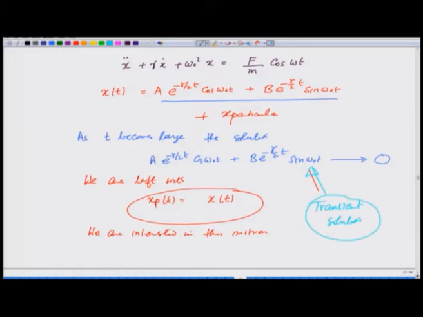Right, these are transient, that means they come for some time and then they die down, all right, and this is what is known as the steady state solution.